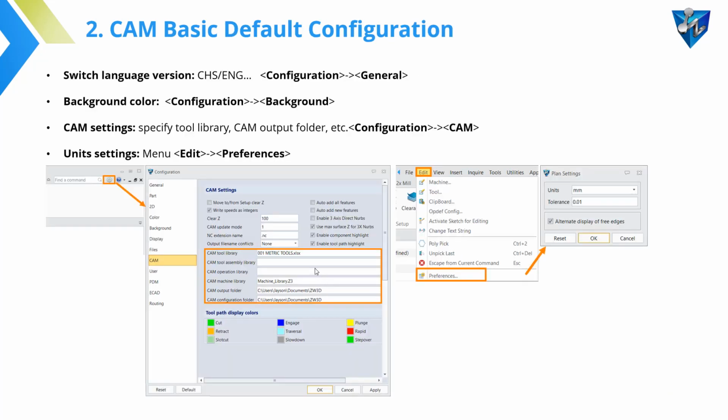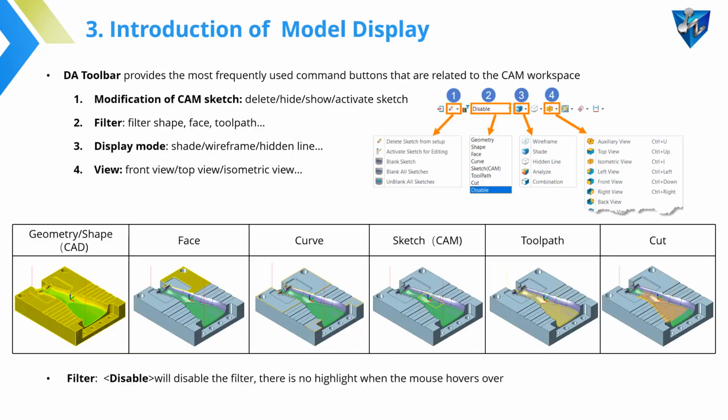As to the configuration, you can find most of them in the configuration window, such as switching the language, setting the background color, CAM settings, and unit settings. With the document aware toolbar, we can control the model display, such as the CAM sketch control, and set different filters.